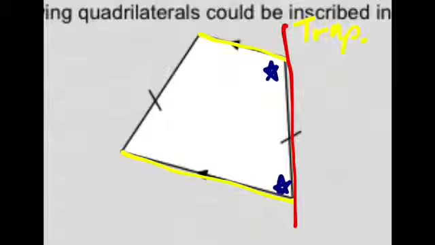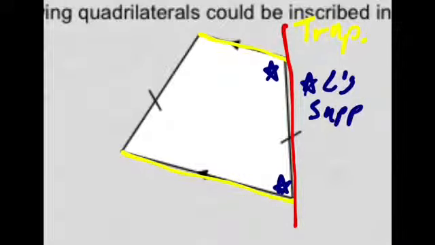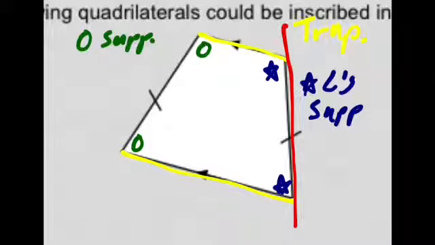These angles are supplementary. Now, they're not congruent, right? They're just supplementary. Same thing with these angles right here. Those angles are supplementary.